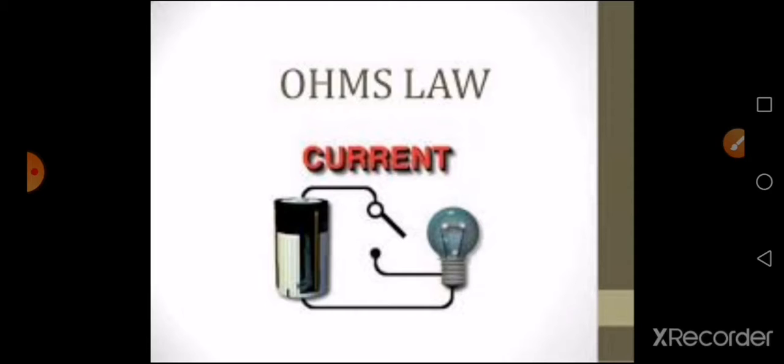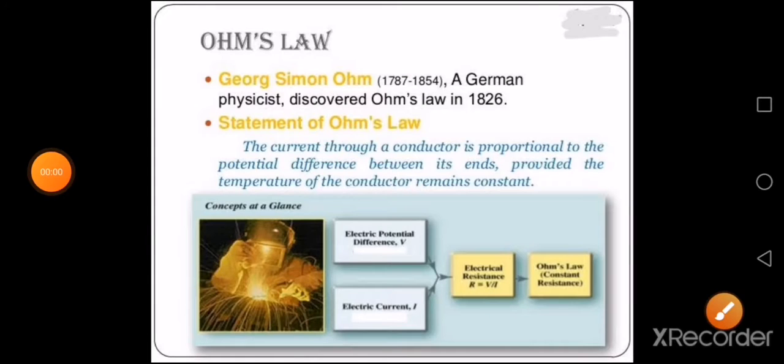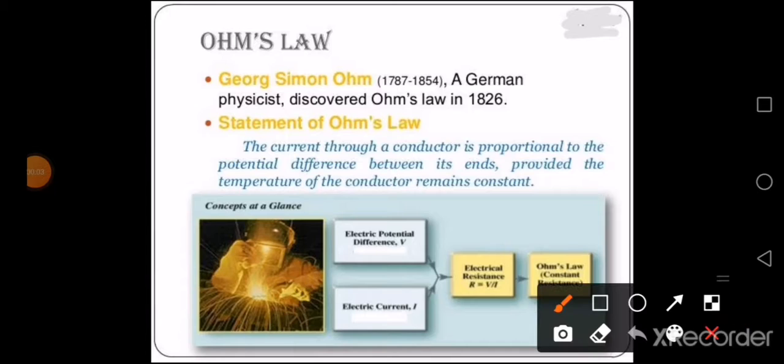Okay, now let us come to the law. Here also, as usual, Ohm's law was named after the great scientist George Simon Ohm. He's a German physicist, and this Ohm's law was coined in 1826. Now let us come to the statement of Ohm's law.